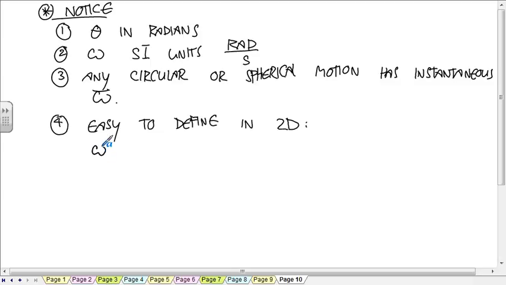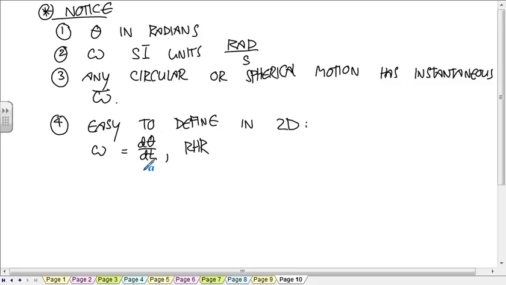The angular velocity is just equal to d theta dt. Following the right-hand rule, it's easy to use that in a calculation. In 3D, that definition still holds, but doing the calculations gets really complicated.